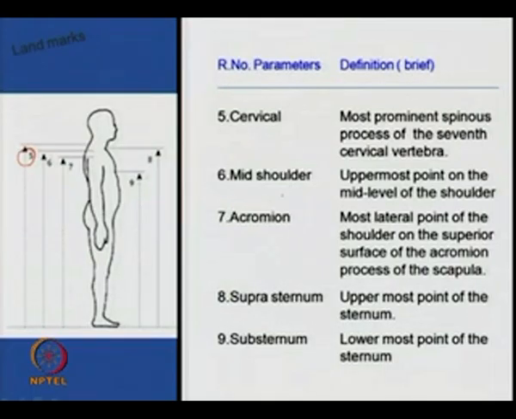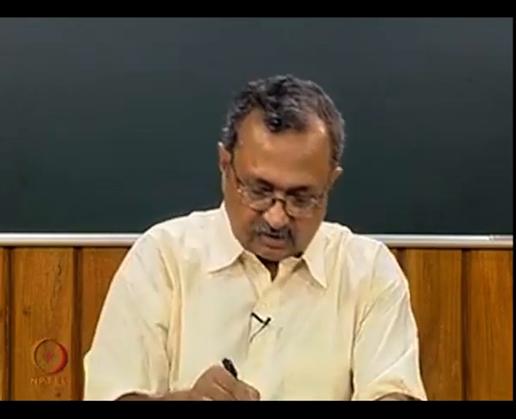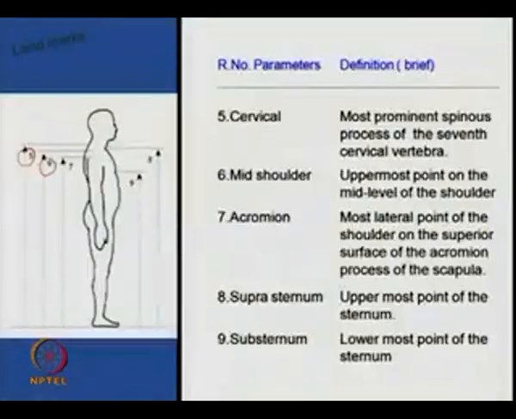Mid shoulder is the uppermost point on the mid level of the shoulder, like here. The middle of the shoulder, and that height, number 6, is the mid shoulder height. Acromion is where the arm ends, where the collar ends; this position is the acromion point.